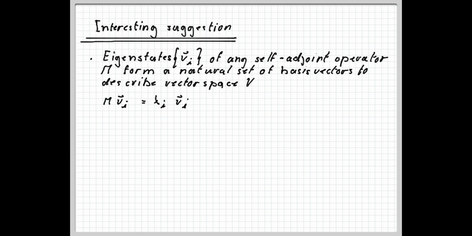And we already learned that as its eigenvalues, lambda of I is unequal to lambda of j, automatically vector v of I is orthogonal to v of j. A nice vector property to have for basis vectors.